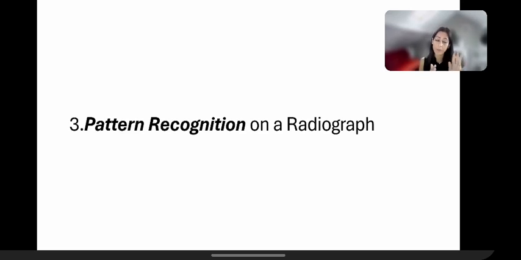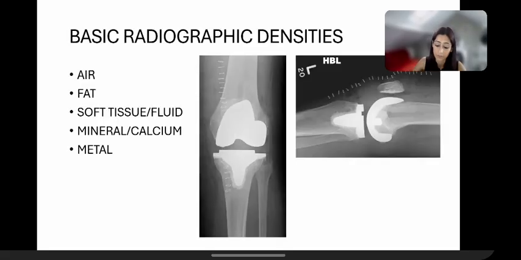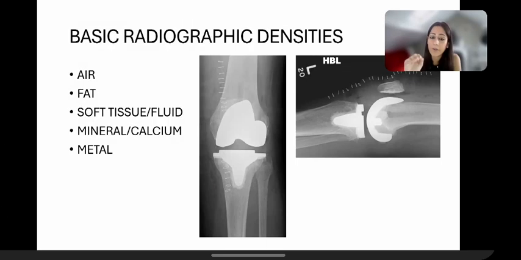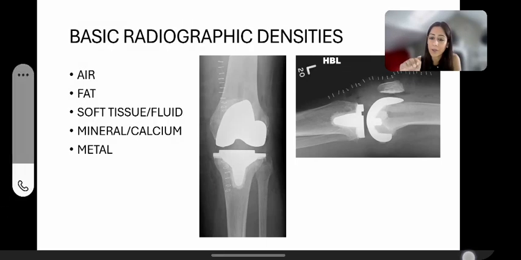Now, we have a radiograph and we know the age of the patient. The third most important thing for us is to recognize the pattern of bone destruction. So a little bit about physics. I'm sure you guys are much fresher and have a better knowledge of physics than I have. But plain radiographs do not have the spatial and temporal resolution that MR and CT have.